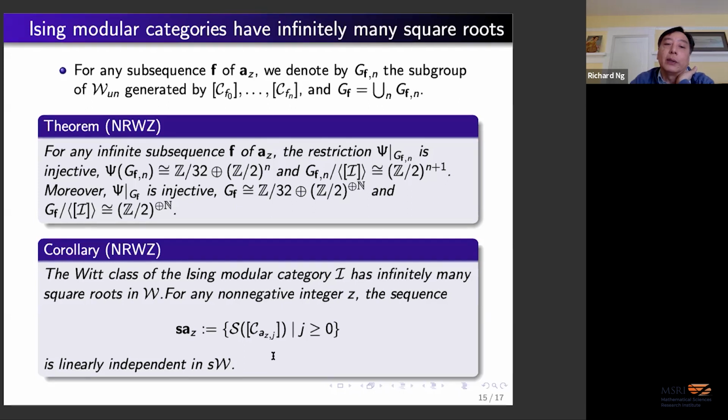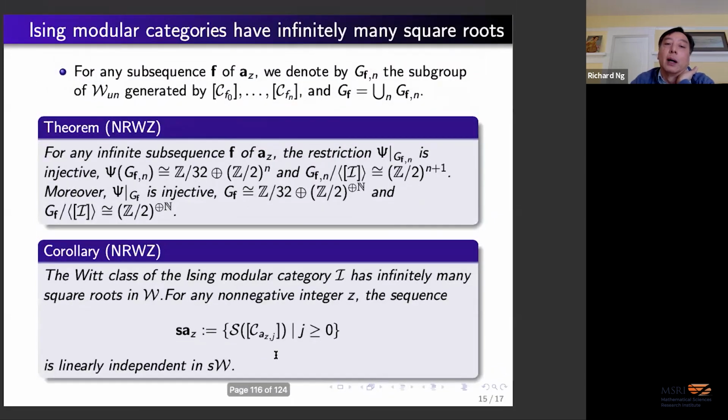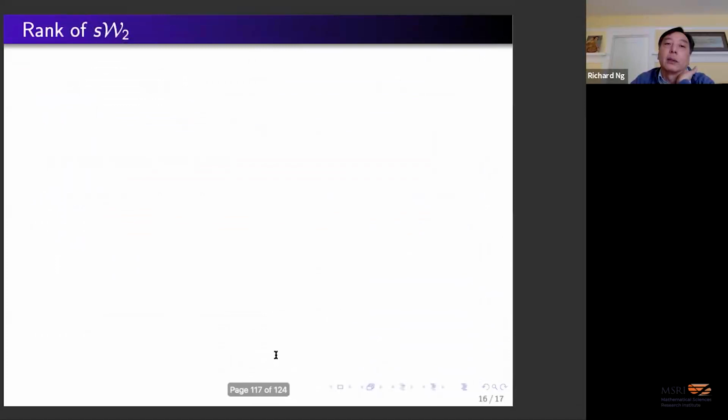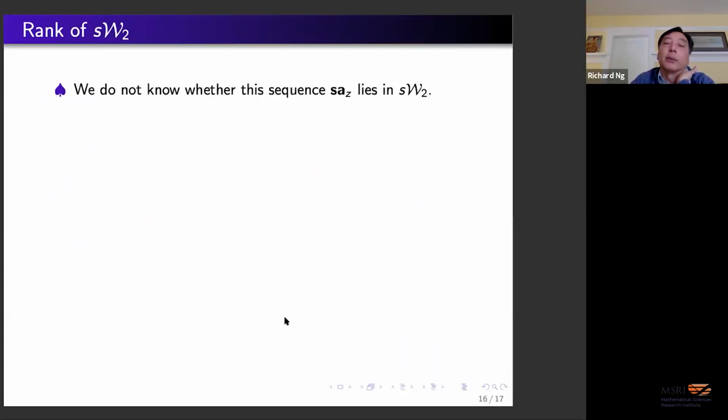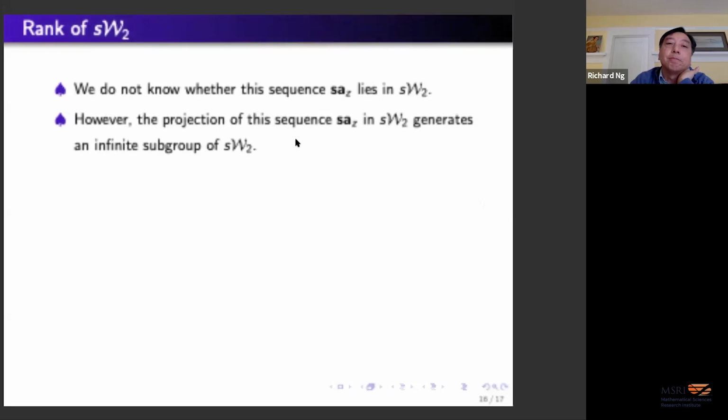As I said, we still don't know whether this sequence lies in SW2. We do not know. It could be the case that some component is in SW2 with some pointed part of order 2. So we don't know how many there are, but we actually have no idea.